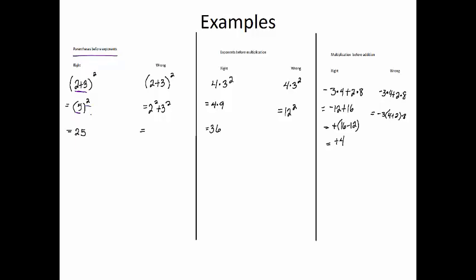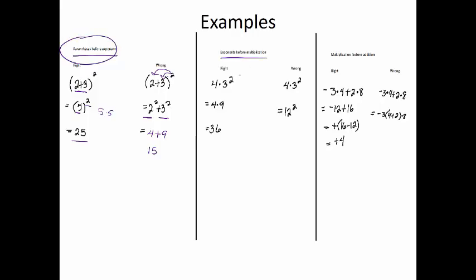So 5 squared, or 5 times 5, is 25. The wrong way would be to do the exponent first. We would have 2 squared plus 3 squared, which is 4 plus 9, which is 13, and that is not the correct answer. So remember, parentheses before exponents.